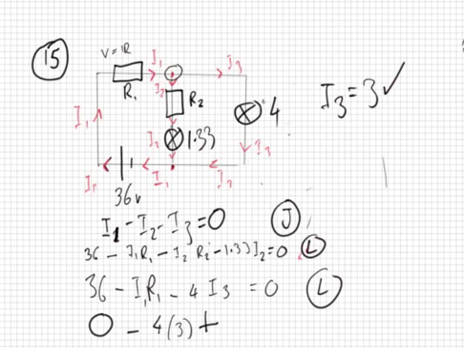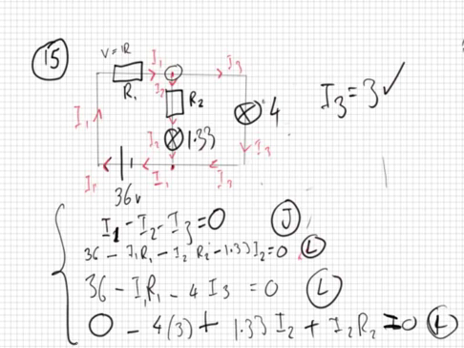See, it's going down here. So it'll be plus 1.33 times I2 plus this one here as well, I2 R2, equals 0. That's another loop. How many equations now? 4. How many unknowns? 4. I1, I2, R1, R2, since we know I3. So you should be able to solve it now.